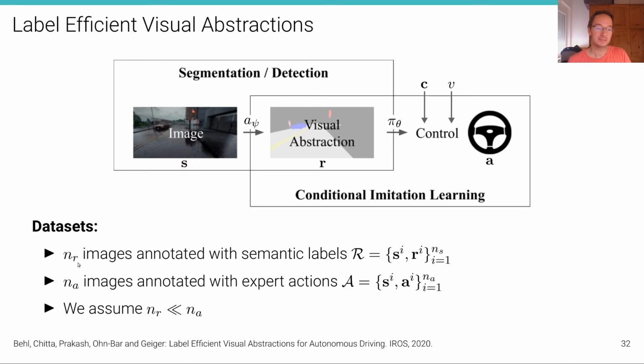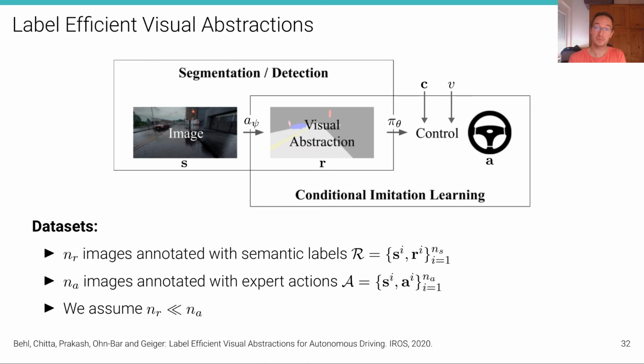And we need, in particular, N_R images annotated with semantic labels, and we call that set R, in order to train the representation, the visual abstraction network A. And this data set is composed of input images and semantic ground truth label maps R. We further need N_A images annotated with expert actions to create the action data set A, that comprises the pairs of the input image and the corresponding control command as measured by the sensors that measure the steering wheel angle or the acceleration commands that are provided by the driver.